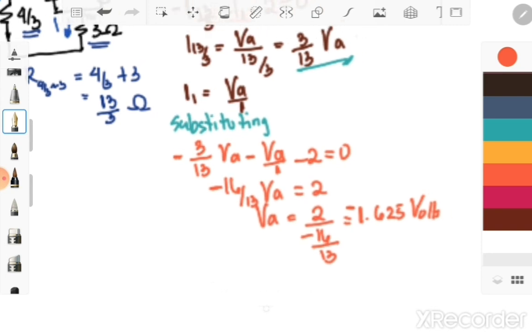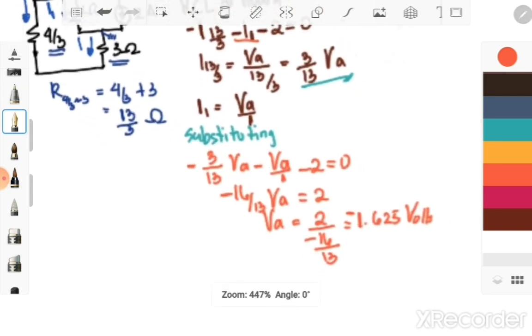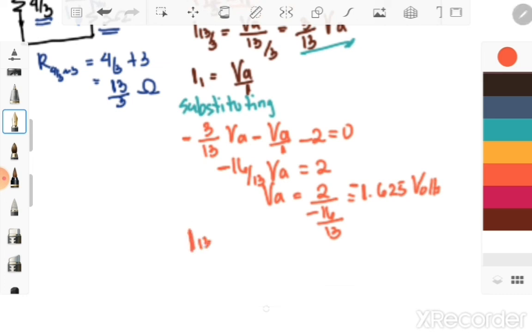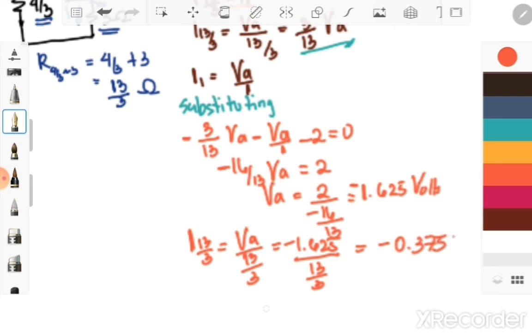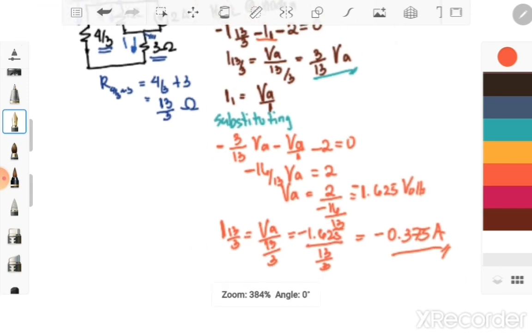Okay, solving for I 13/3, we have VA divided by 13/3, which is equal to negative 1.625 divided by 13/3, so we have negative 0.375 ampere. That is the value of our I 13/3.